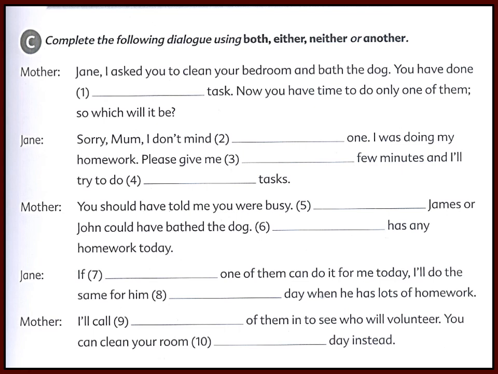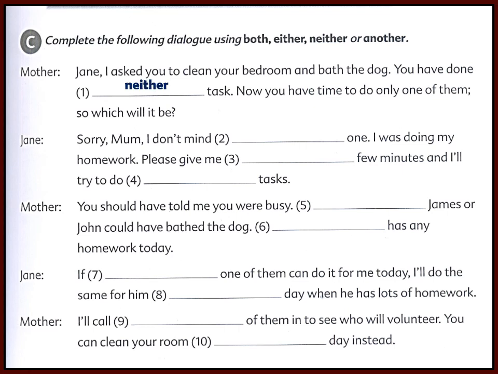Now you have time to do only one of them. So which will it be? This is the complete situation, right? There were two tasks that mother gave to Jane to do, but Jane didn't do any task. So what will you use here? Neither, right?